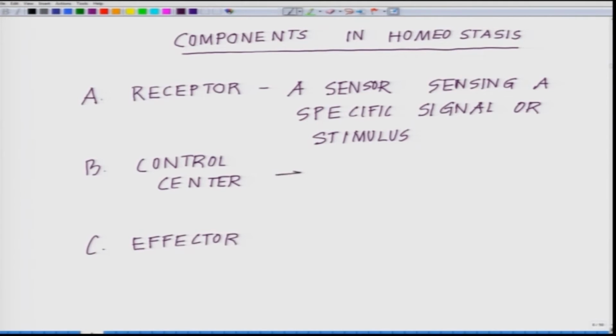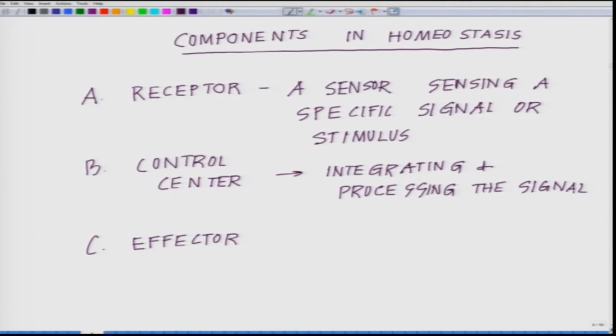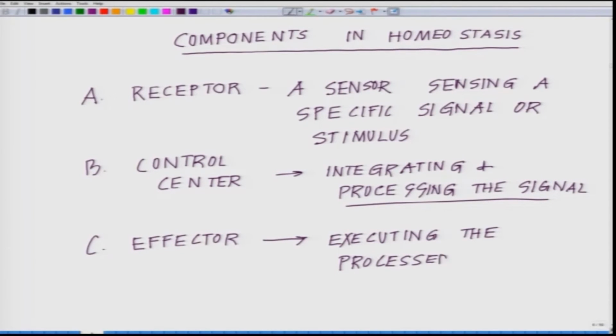Your control center is doing the work of integrating and processing the signal, and your effector is executing the processed signal. Okay. So, these are the three components.